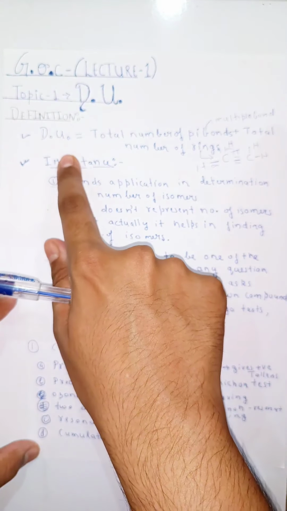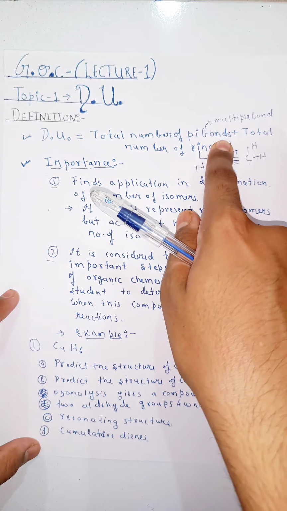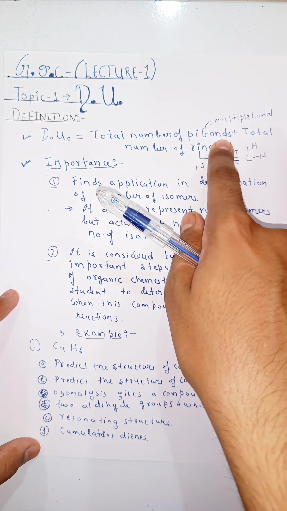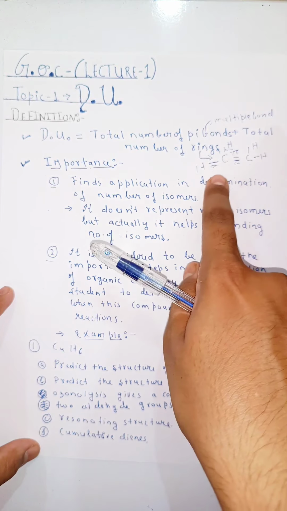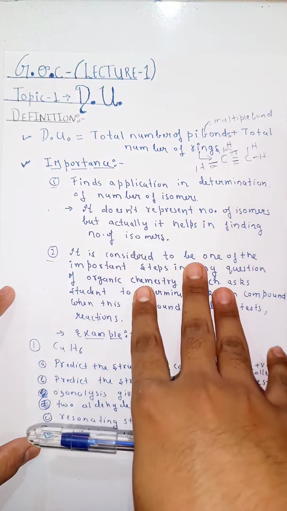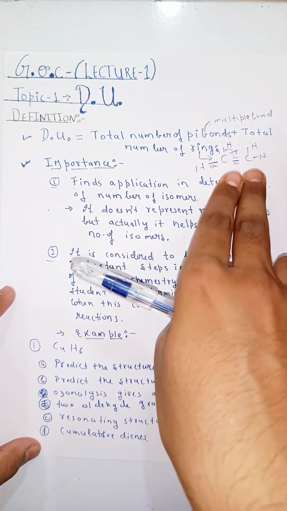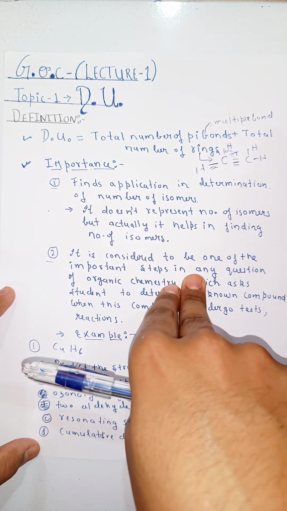So degree of unsaturation tells us the number of pi bonds which are present in the compound plus the total number of rings which are present in the compound. As in this example, one pi bond is present, so its DU will be 1. No ring is present here, only one pi bond is present, so its DU will be 1.